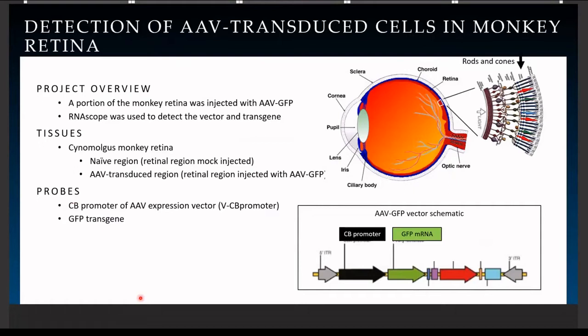So we transduced part of the retina with the AAV vector, and part was a naive transduced region. And we wanted to compare the expression of the transgene and the vector between these two regions. So we designed an RNAscope probe against the promoter of this AAV vector and a probe against the actual transgene, which in this case was GFP.